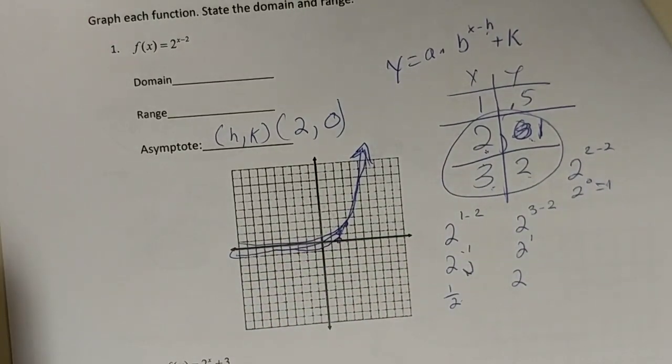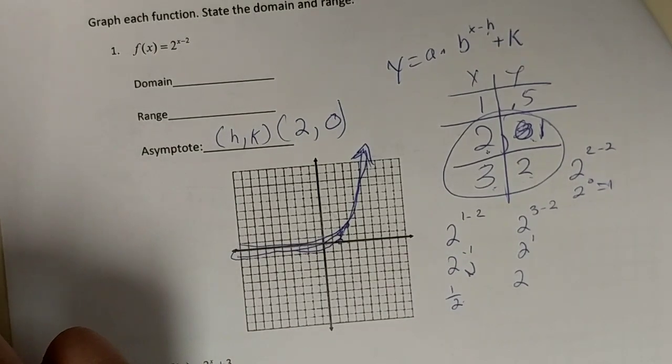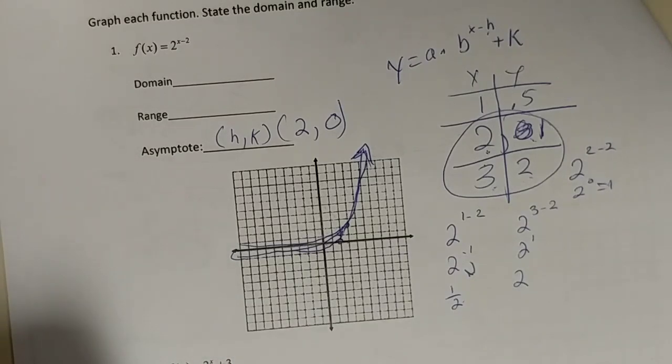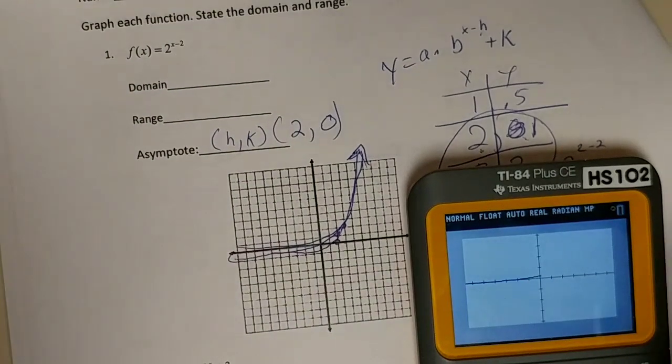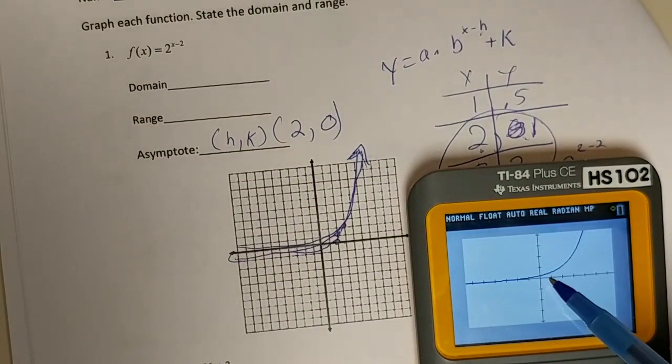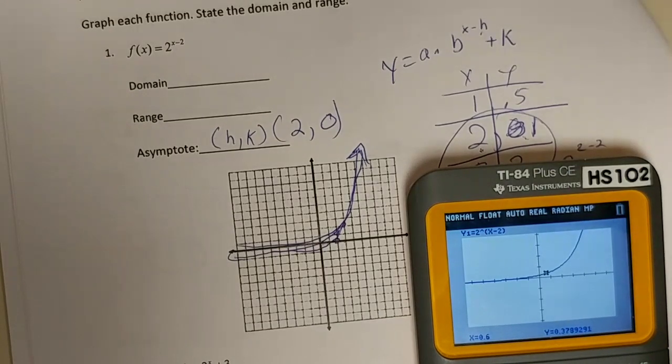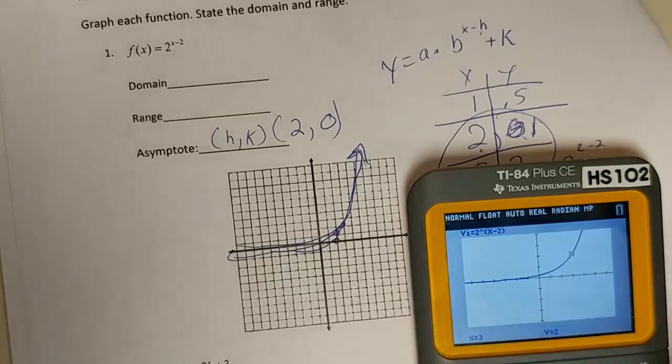Let me quickly graph it in the calculator to show how it should actually look. So just above the line. At 1 it's at 0.5, we found that earlier. At 2 it should be at 1, that's good. And at 3 it should be at 2, okay.